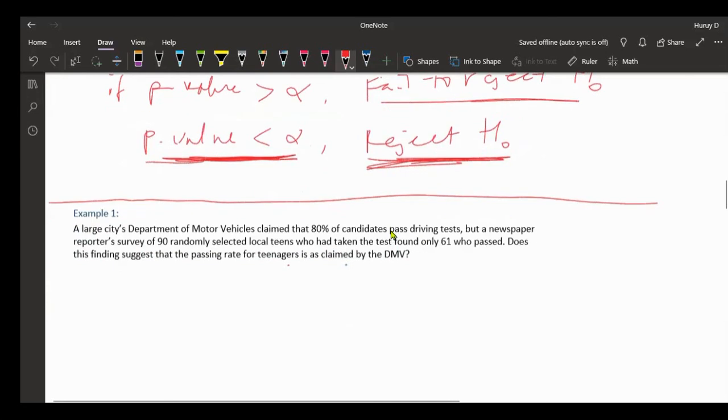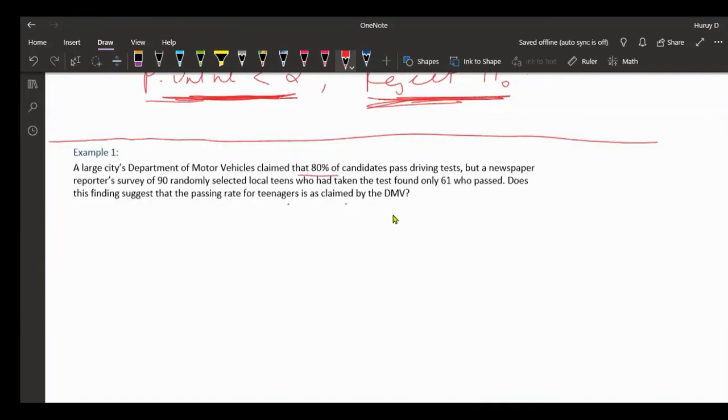Now let's consider the following example, and I will go back to the definition of p-value. So I have this 80%, but a newspaper reported a survey of 90 randomly selected local teens who had taken the test and found only 61 passed the test. So this is important.